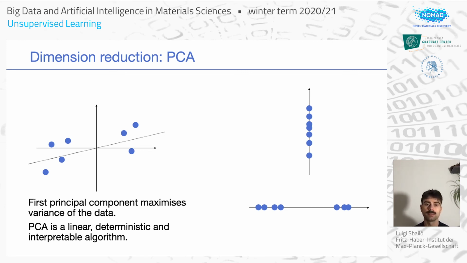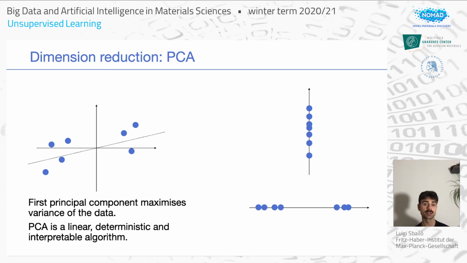What PCA is doing is essentially a linear transformation. So we take our dataset, we find this axis, and then we make a projection.